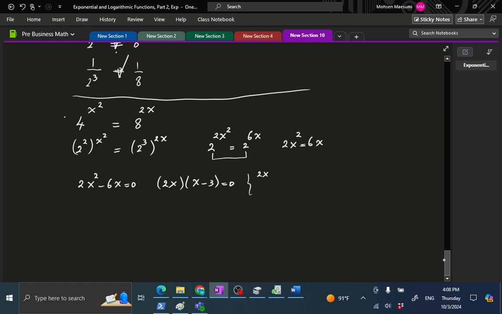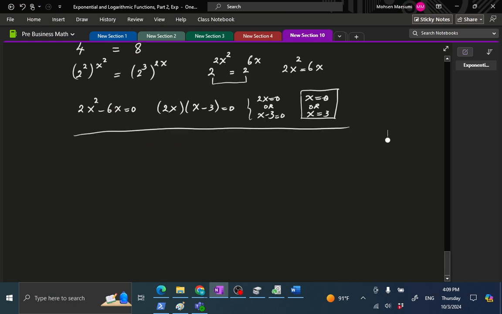We set each factor equal to 0, one of them has to apply, so either x is 0 or x is equal to 3, and these are our answers. You can verify by putting them back and simplifying, to see that we have the same number on both sides.